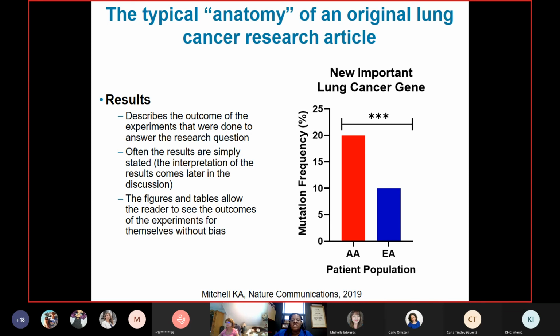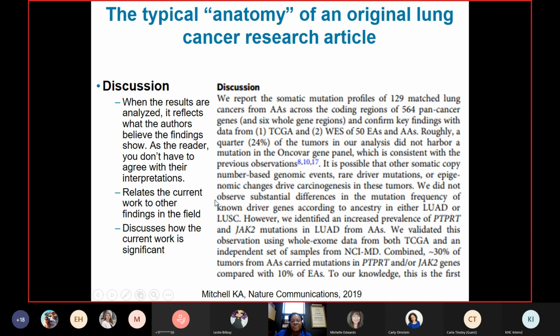These little stars here are indicative of a statistical test. When you read through the results sections, they'll tell you something may be a trend. That's a common thing to see, but it's not always that the trend is significant. So you want to be on the lookout for those things in the results section.